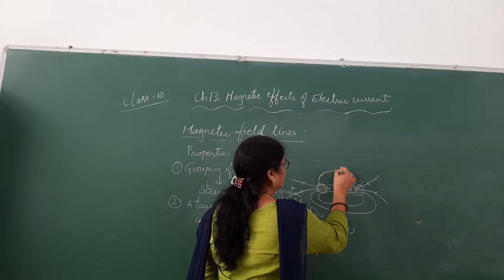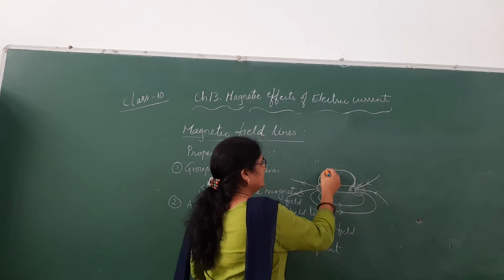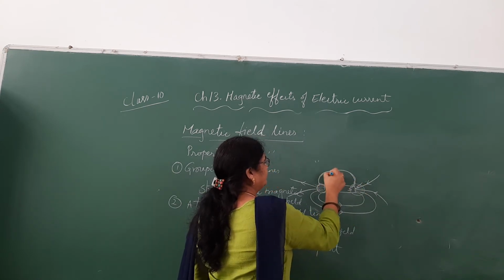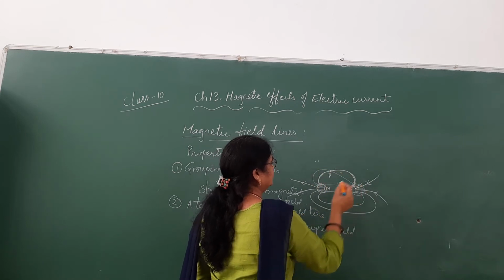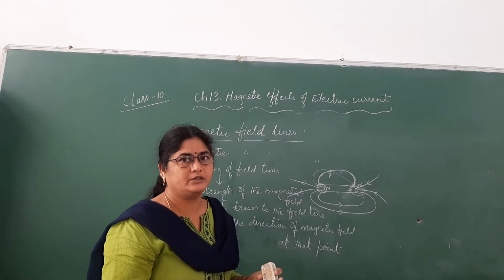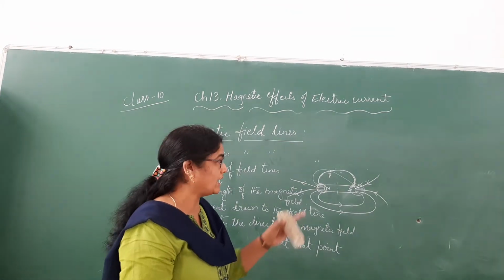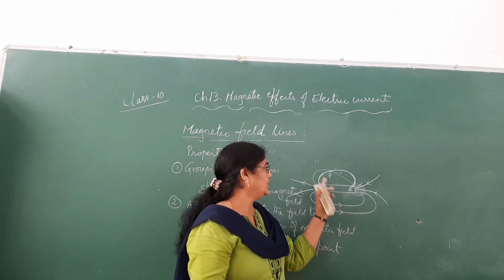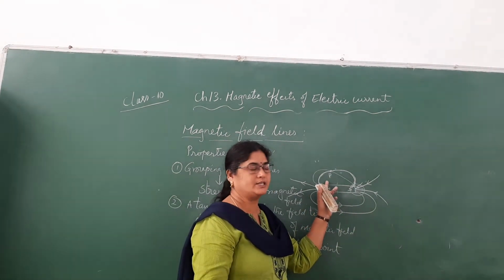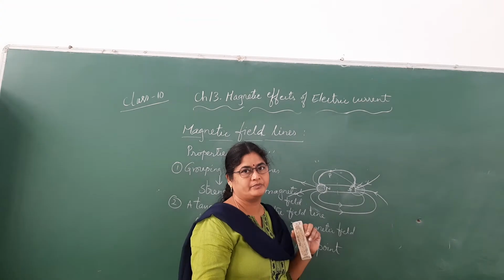I have one field line like this. And at this point P, I am taking another field line. Let us suppose it crossed the other field line. It doesn't happen.